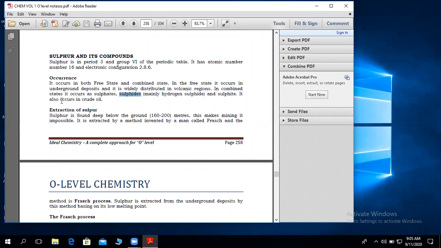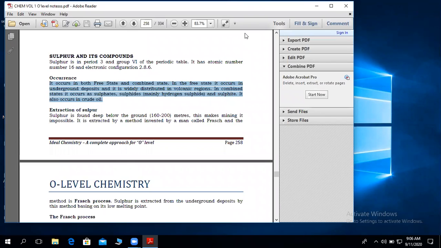It can also occur in crude oil. So what do we note from this part? If you have the notes and your pen, you can go on underlining the important points.